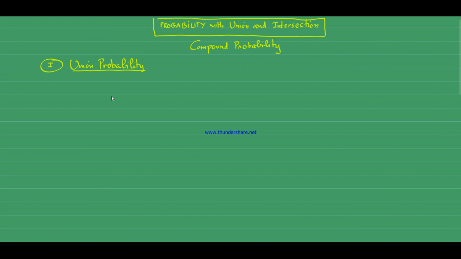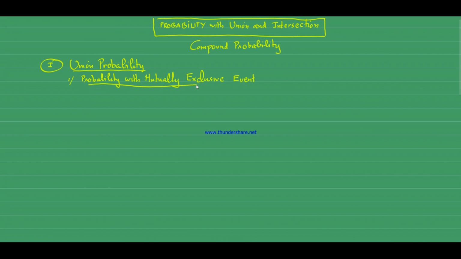The first type we call the probability with mutually exclusive event.